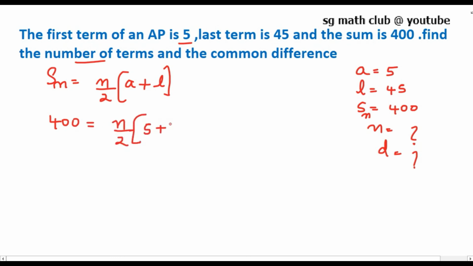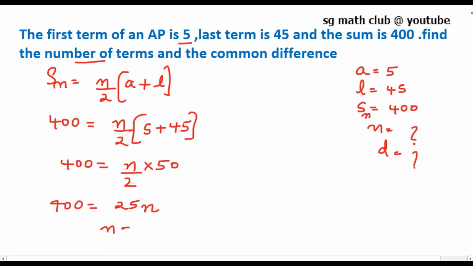First term is 5 and last term is 45. So we have 400 equal to n by 2 into 50. So 400 equal to 25n, or n equal to 400 divided by 25, which is equal to 80 by 5, and 80 by 5 is 16.